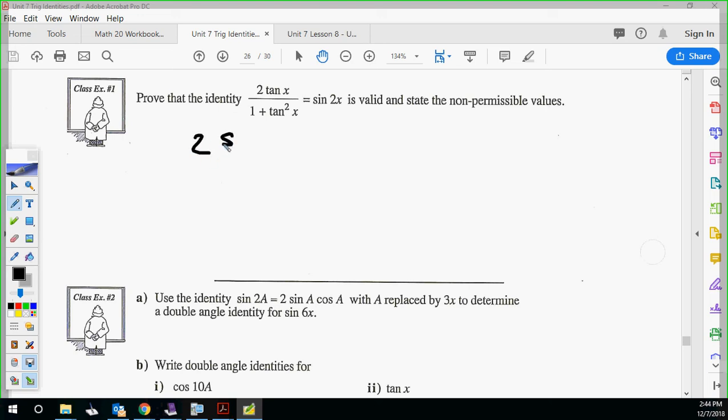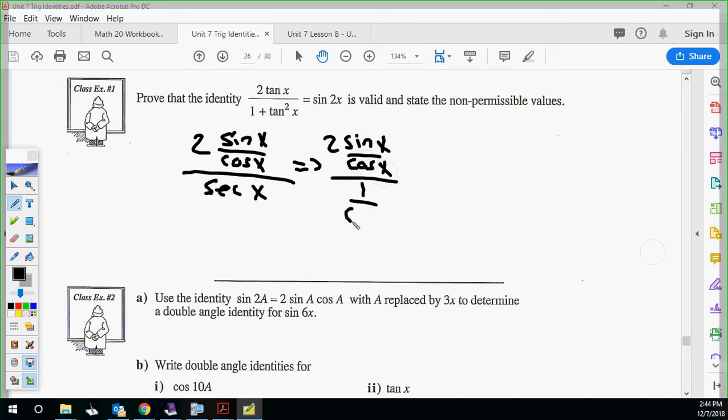I'm going to write the top is 2 sine x cos x over secant x. Yes, we'll write secant as 1 over cos. And so then we're going to write, like what Hannah just said, 2 sine x cos x over 1 over cos x, and that's a square, because it's secant squared.